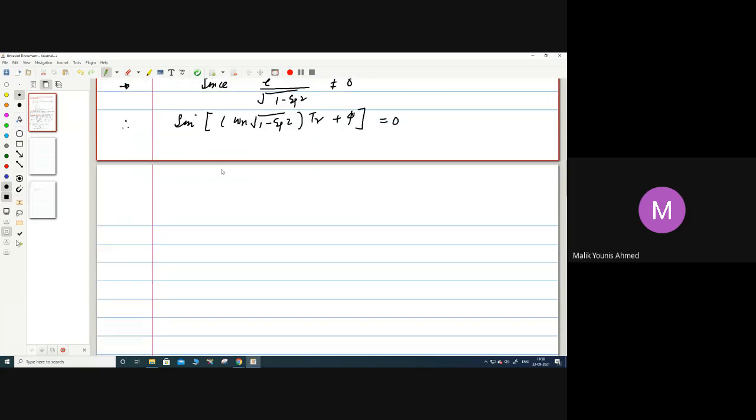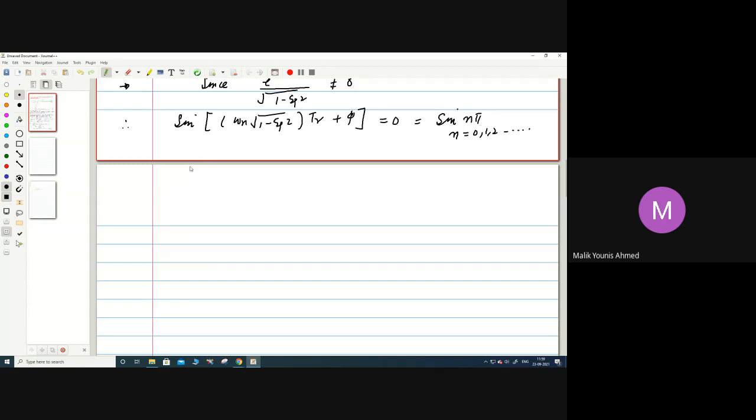Sine can be 0 at n pi, where n varies from 1, 2, and so on. We know from the sinusoidal curve that sine of n pi is 0. So we can write this equal to sine of n pi.